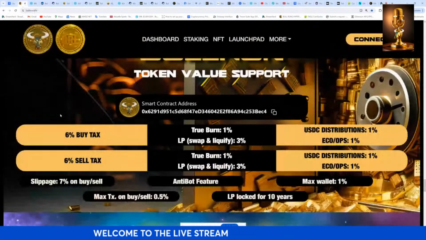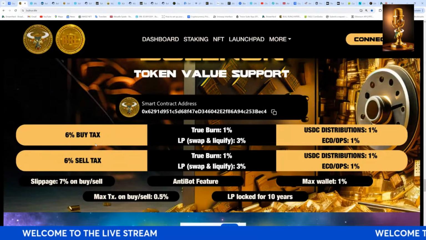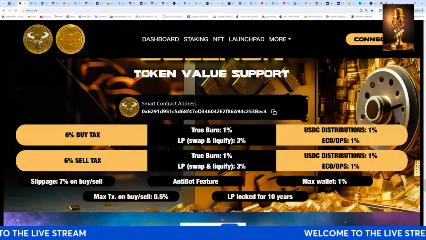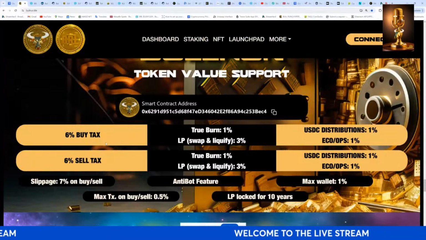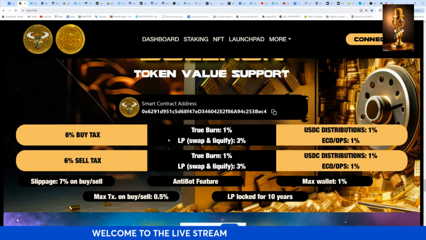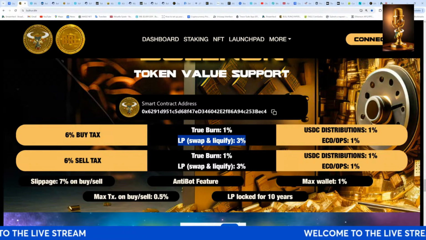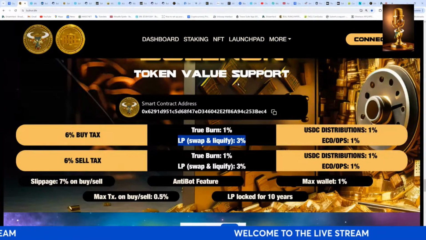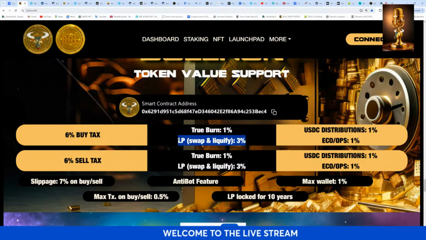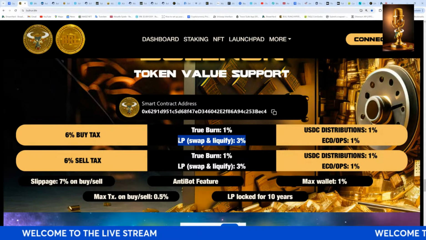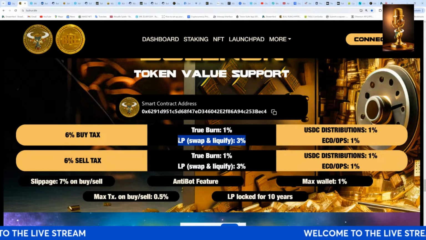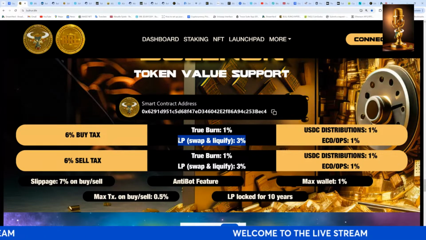So if we look at Bullrun, it has some extras. It has higher taxes, 6% on the buy and the sell side. However, what it does also, it directly accumulates liquidity as well. We saw how Bitcoin is lacking liquidity. It's extremely illiquid. And this is why these ETFs have intercepted the liquidity that it's already suffering from.